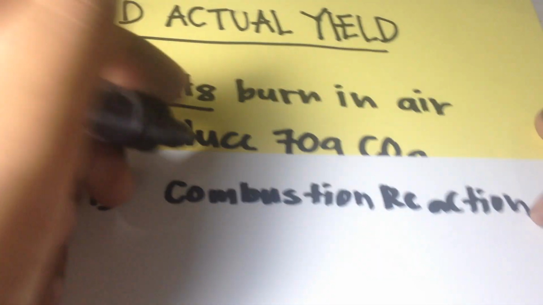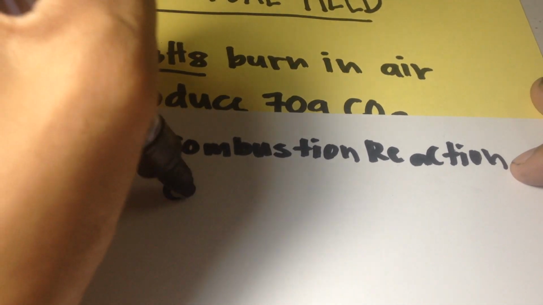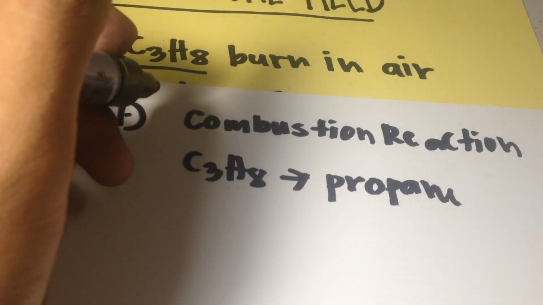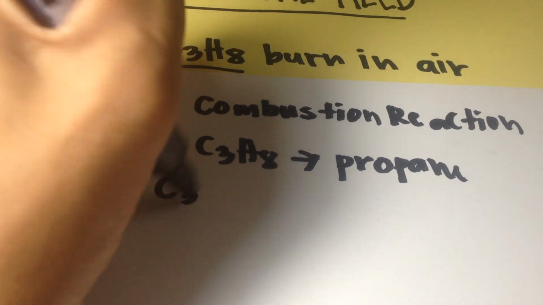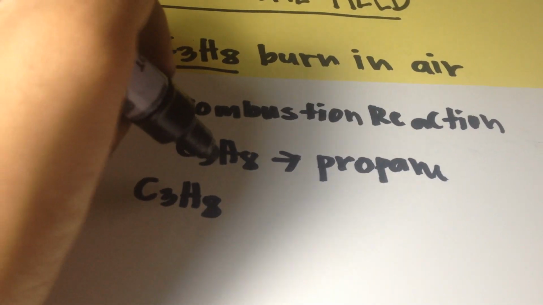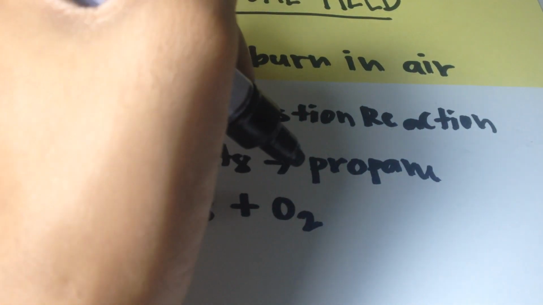So this is propane, C3H8. Propane in organic chemistry. So let's make the combustion reaction. So C3H8 reacts with oxygen gas to produce carbon dioxide plus water.